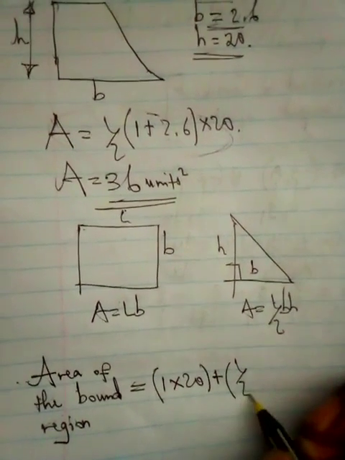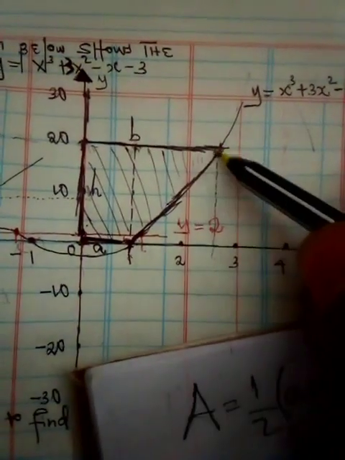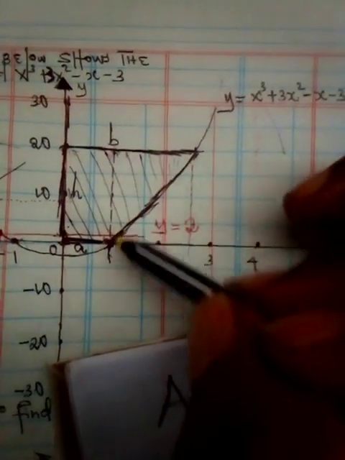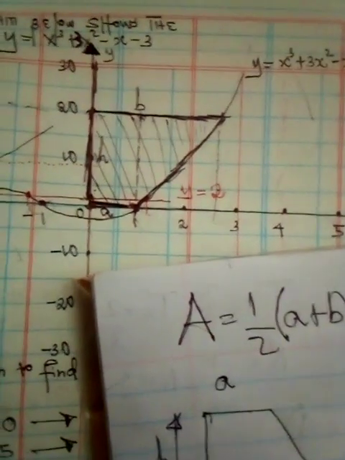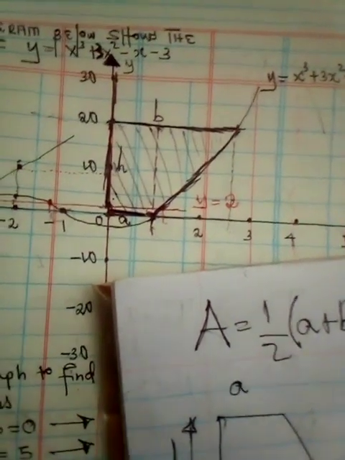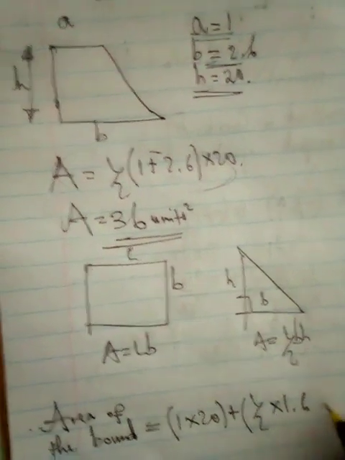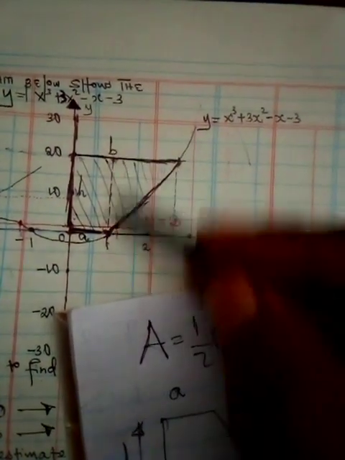So half times your base, which is starting from 1 reaching to somewhere like 2.6. Don't just take 2.6 as your base; it's from 1 to 2.6, so 2.6 minus 1 gives you 1.6. So your base is 1.6, times, as usual, your height, which is just 20.